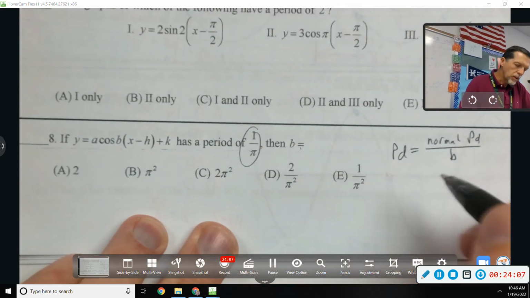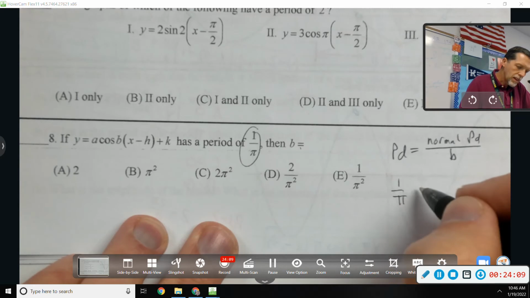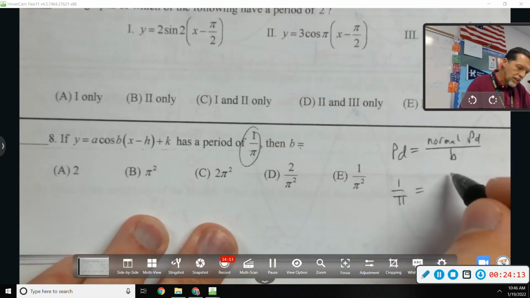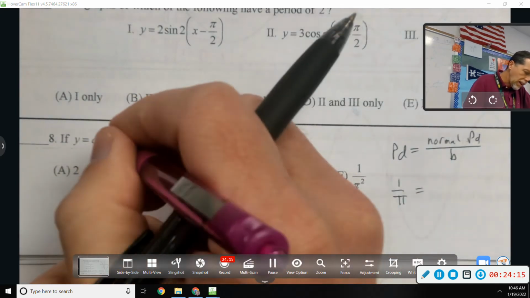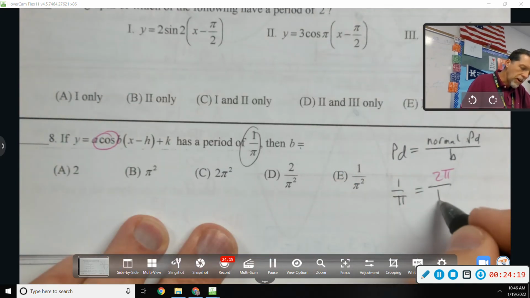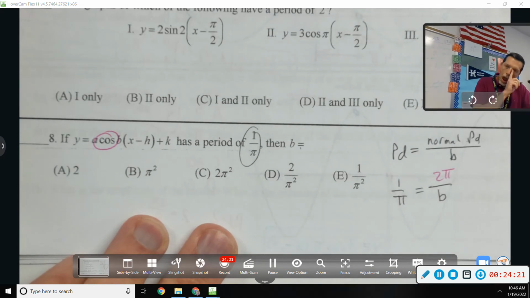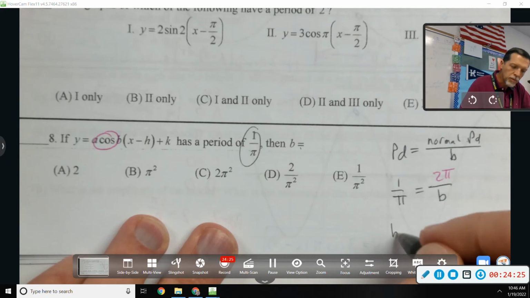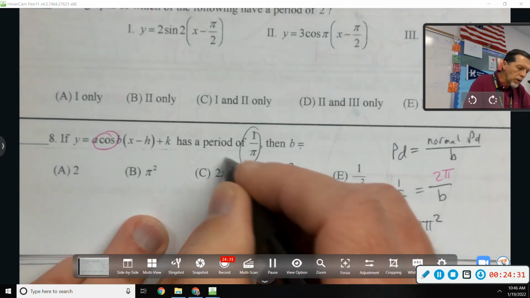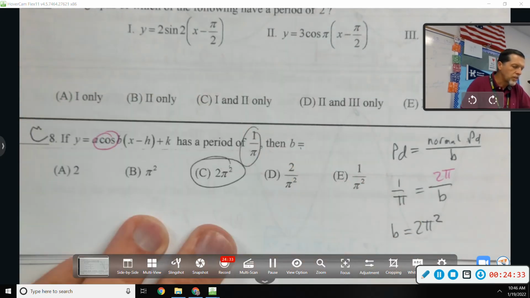So period is 1 over pi. Normal period for a cosine graph is 2 pi. And we're trying to figure out what b is. So let's cross multiply. b equals 2 pi squared, which is a weird b, but there it is as an answer choice.